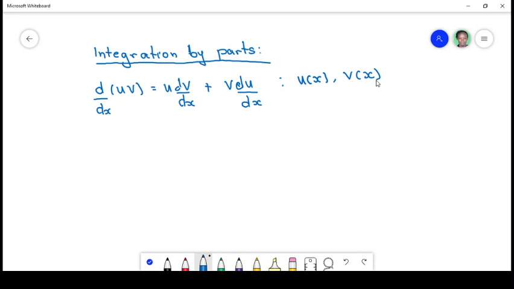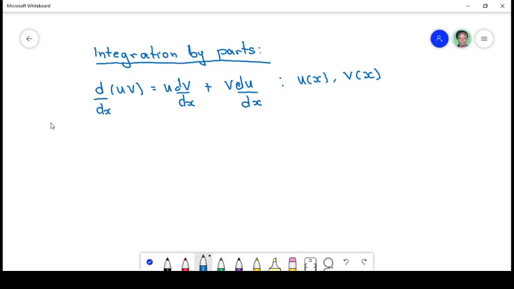So in so doing, if I want to look at the integration way of doing it, it means I'm looking at integrating products. So I have two functions and I want to integrate.